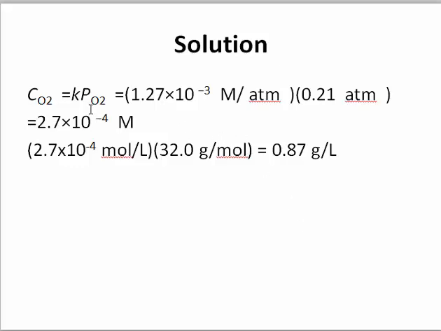If we know the Henry's law constant and the partial pressure in atmospheres, it's straightforward to solve for an oxygen concentration of 2.7 times 10 to the negative 4 molar. And then if we want to know grams per liter, we multiply moles per liter by grams per mole to obtain an oxygen concentration in grams per liter. This quantity is important for supporting aquatic life like fish, which breathe oxygen dissolved in water.